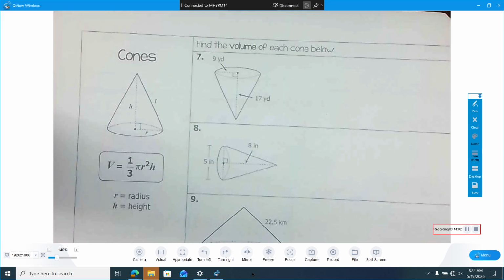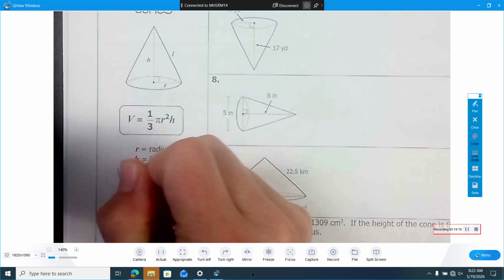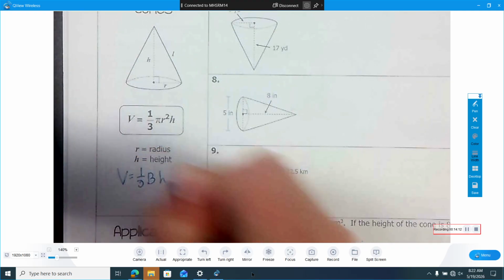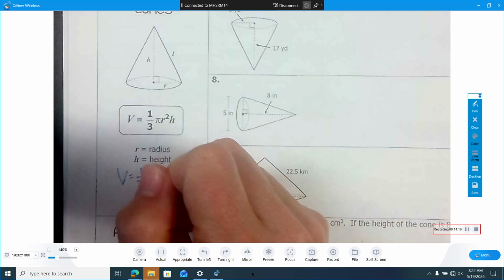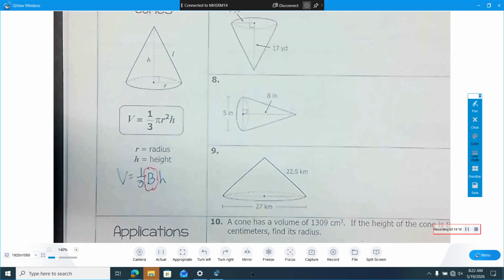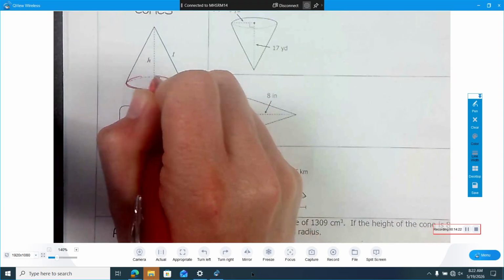All right, so that just reinforces this is the exact same formula as before, where we had 1/3 area of the base times the height. The only difference is, what shape is our base? A circle.